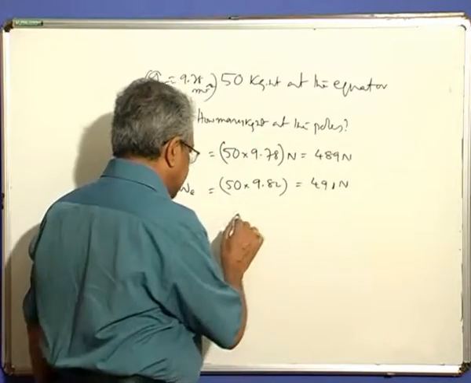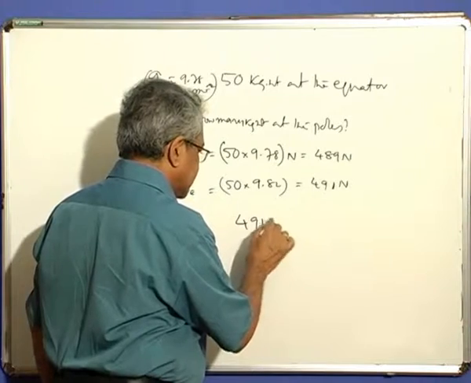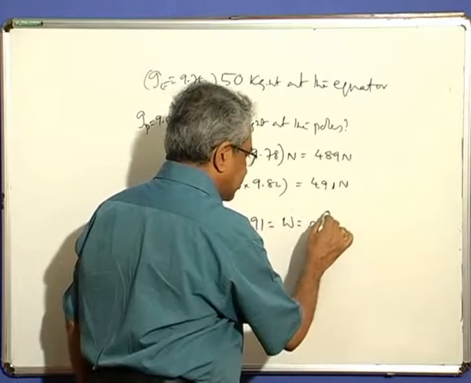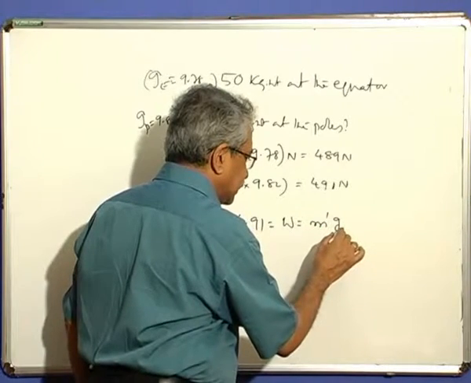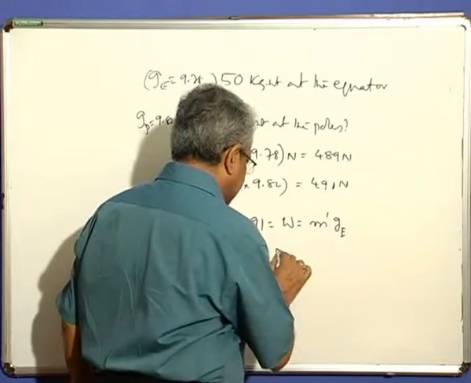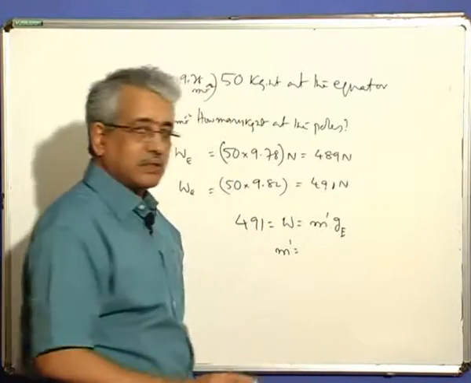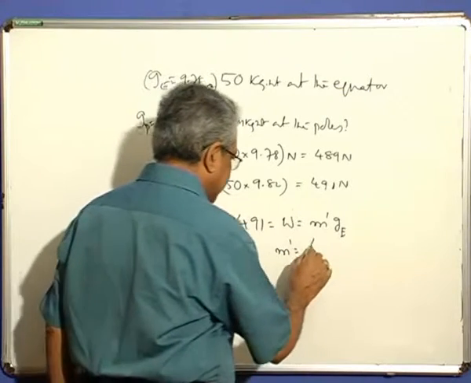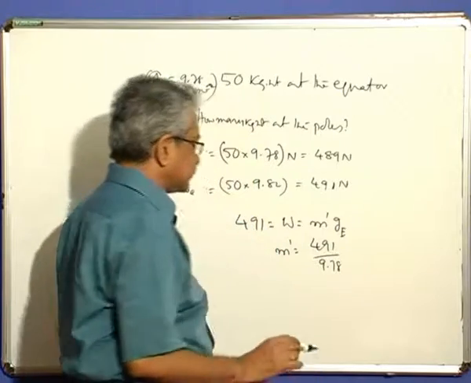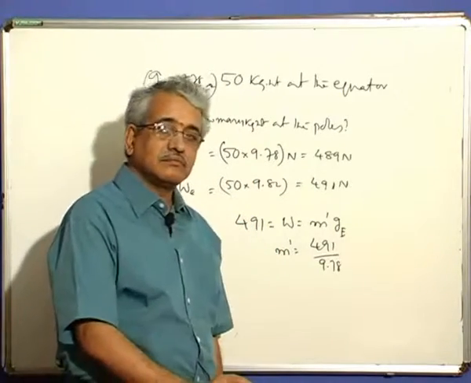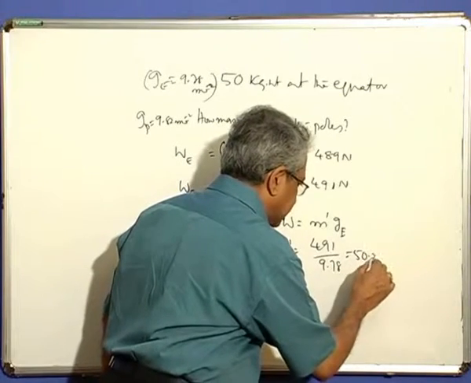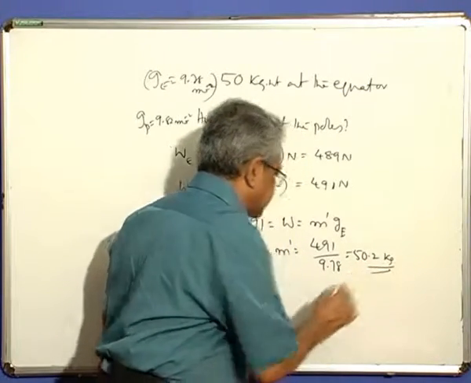That means this 491 Newton, if you put it in terms of mass using the equator gravity value, is 491 by 9.78. This will be something like 50.2 kg which will come there.